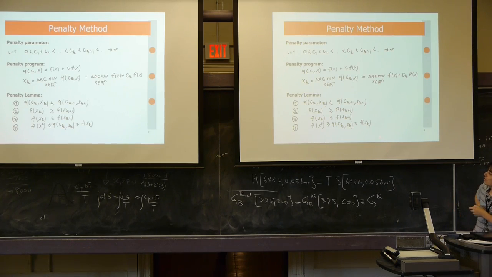We had 4 lemmas that we proved. First we defined this function q as f(x) plus c times p(x). And the penalty algorithm was this: at iteration k, x_k is the argmin of q(c_k, x), where c_k is an increasing sequence of positive parameters that diverge to infinity.